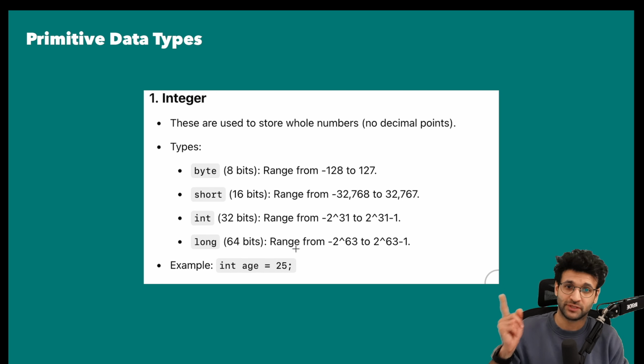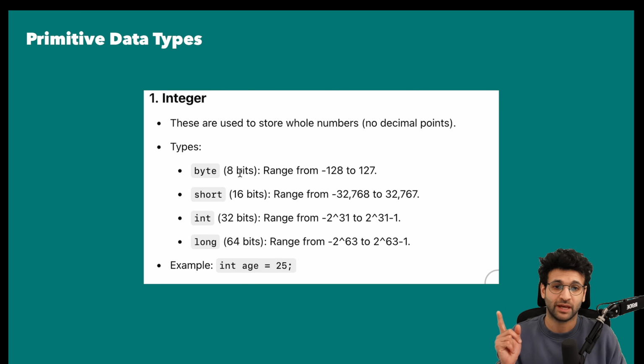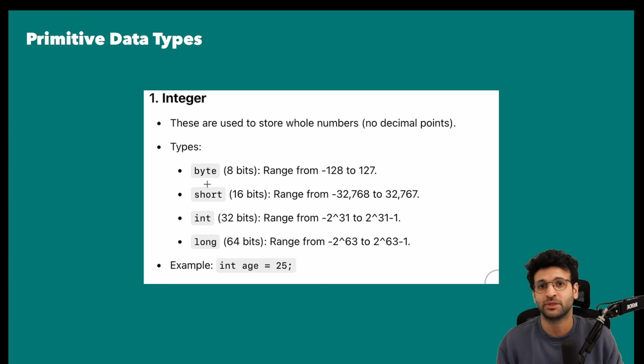So going back to the previous slide, we see that we have different sizes for different types. Why is that? Well, you see, memory is a finite resource. Say you have a laptop with 8 gigs of memory or 16 gigs of memory. So you want to be very careful with how you're using that memory as a software developer.